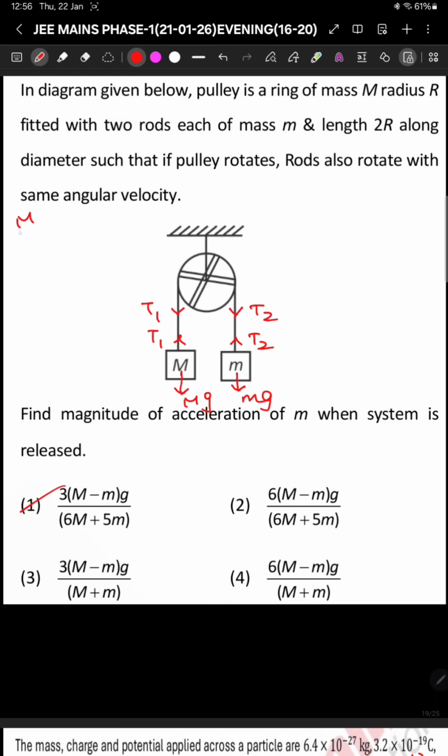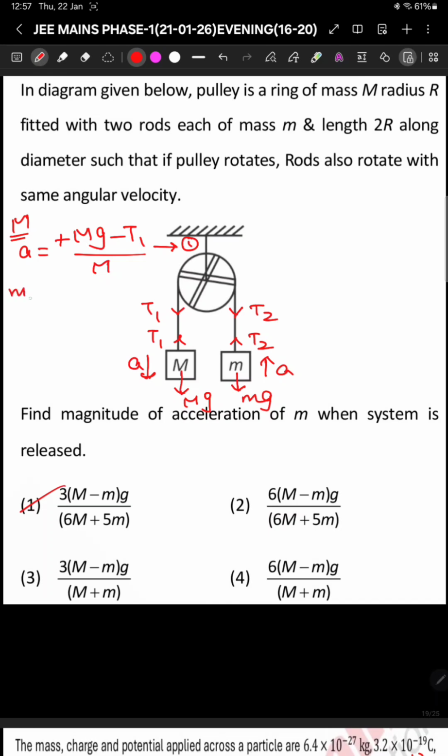For the free body diagram of M, you can write, so this body will come down with some acceleration, and it will go up with an acceleration A. Now, free body diagram of capital M mass. So acceleration will be equal to the same direction of acceleration, plus capital Mg, T1 opposite, so minus T1, by M. Let it be equation number 1.